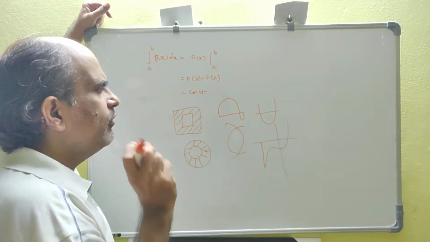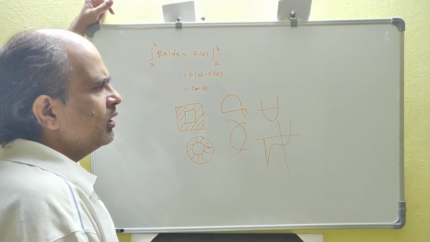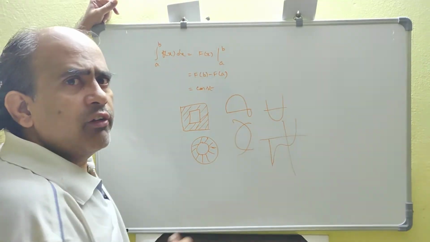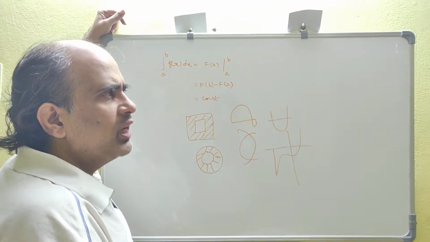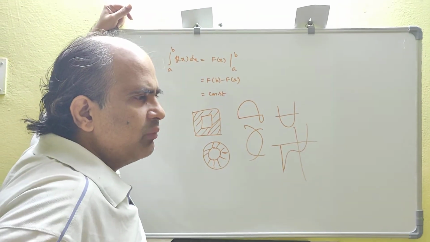Therefore, we talk about the approximated area. Now that approximated area can be calculated with the help of the application of the definite integration. Okay, let us begin with that.